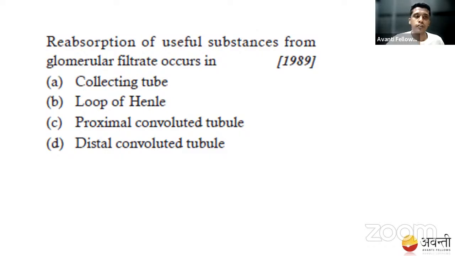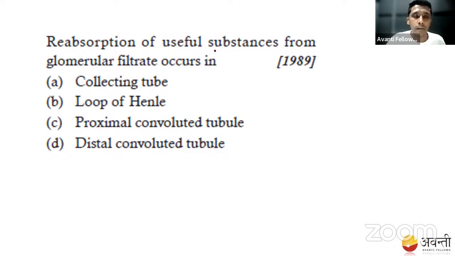Reabsorption is a process that happens in the proximal convoluted tubule. Just now we discussed, right? The proximal convoluted tubule has brush border epithelium. This brush border epithelium increases a lot of surface area. Absolutely, it's not the loop of Henle. It is the proximal convoluted tubule.